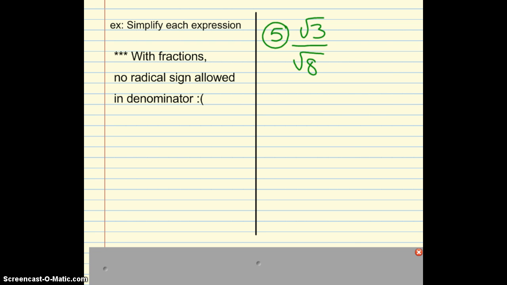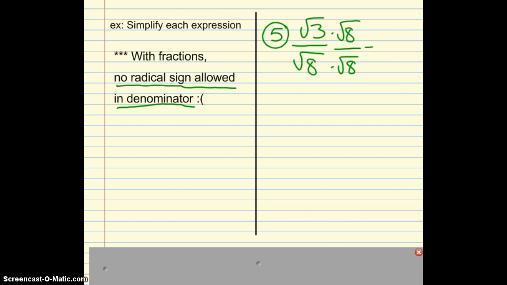Now in this next example we have a fraction, and with fractions, unfortunately, no radical sign is allowed in our denominator. So the way that we get rid of that is we're going to multiply by whatever's on the bottom. So times square root of 8, and whatever I multiply by on the bottom, I'm going to multiply on the top, because my 8s would just simplify right out to a 1, but I'm not going to do that.